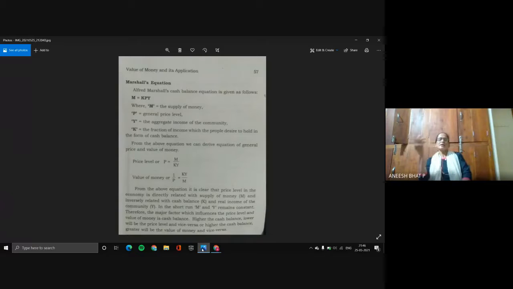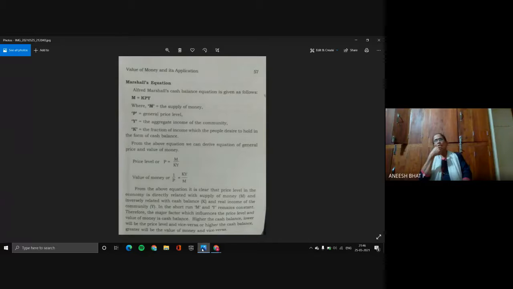So in the next class, let's pass on to another equation under the cash balance approach, the Cambridge equation given by Professor A.C. Pigou. Okay? So remember, in Fisher's equation, I gave you the notes regarding Fisher's equation of exchange, Fisher's theory, up to MV is equal to PT.